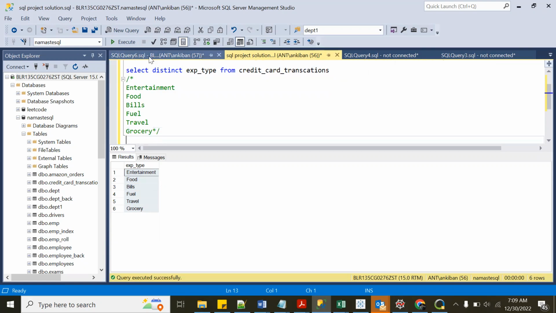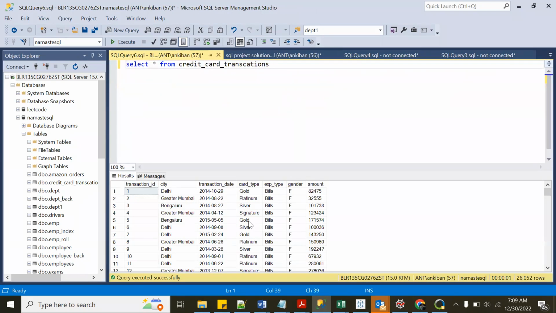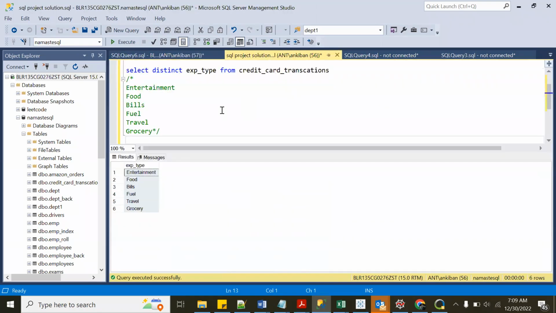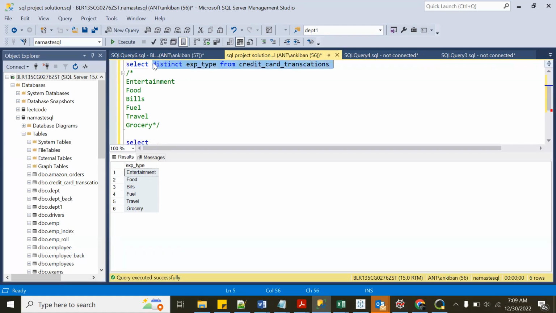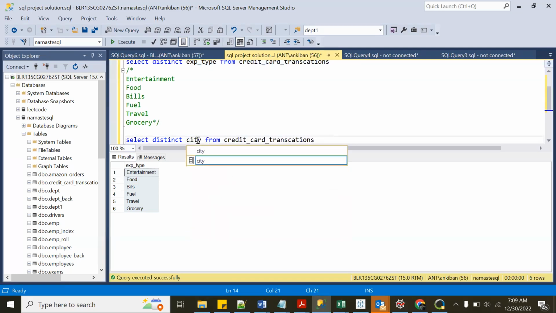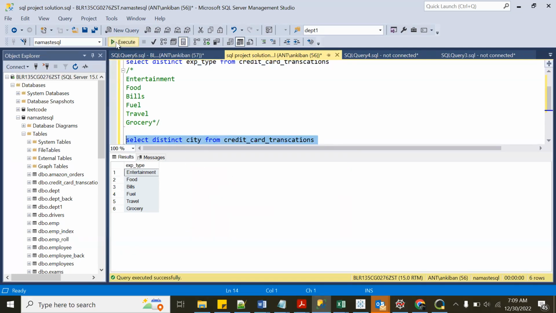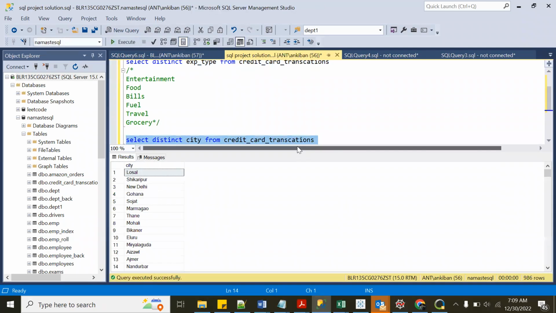What other columns do we have? We have gender, male, female, and then we have amount. As such, nothing special. And city, I think we have various cities. Let's check quickly. Select... We have around 986 rows. We have almost all the cities from India.